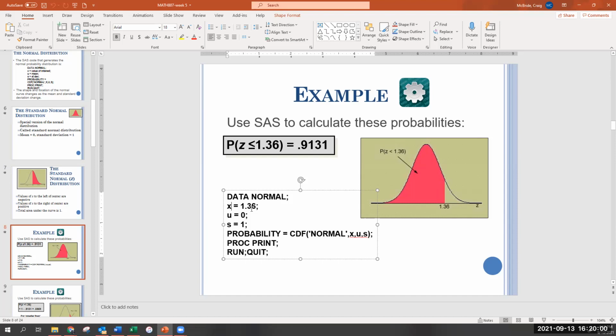Think of a standard deviation as just a unit of measure, no different than inches, feet, yards, miles, centimeters, meters, kilometers, right? Those are all just units of measure. So you could be 1 inch away from something, or you could be 1 foot away from something. You could be 1 standard deviation away from something. And that standard deviation just happens to have a value to it.